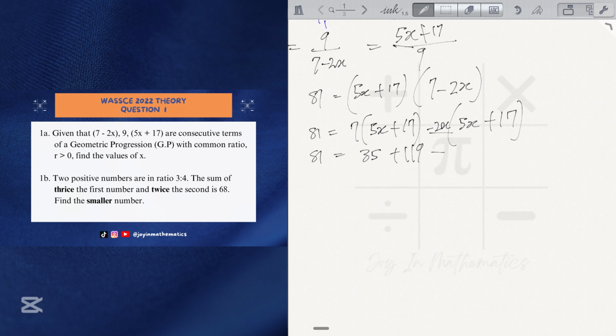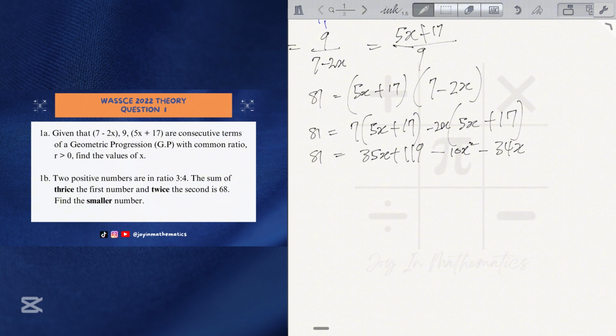And we open the bracket with 2x, we will have minus 10x squared minus 34x. Now let's bring the common terms together, and we have this to be a quadratic equation.